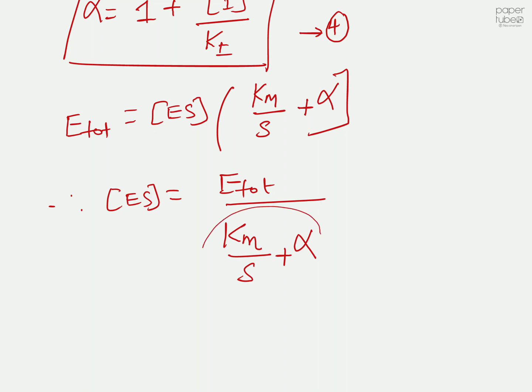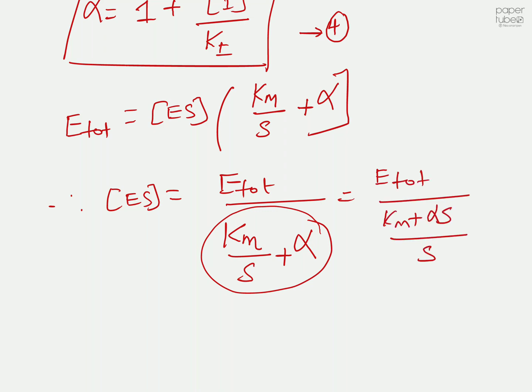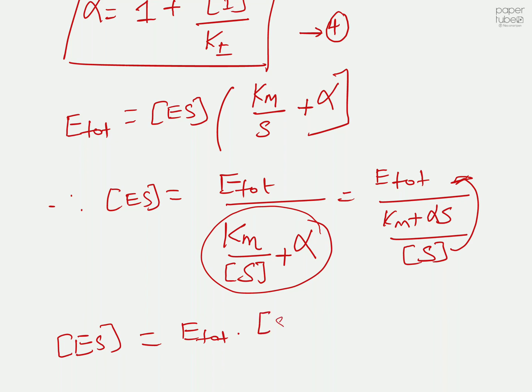We can expand the denominator: E total divided by (Km plus alpha S) divided by S. All these are concentrations of S. So the enzyme substrate complex is equal to E total multiplied by the substrate concentration divided by Km plus alpha S.